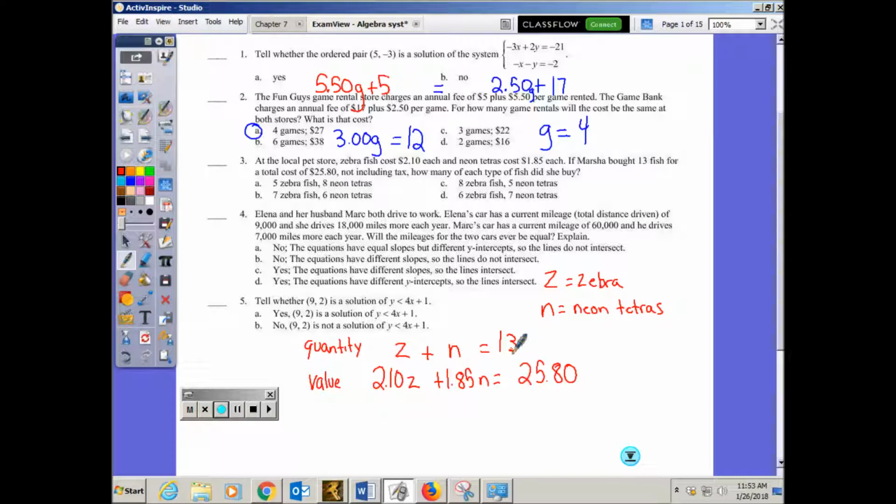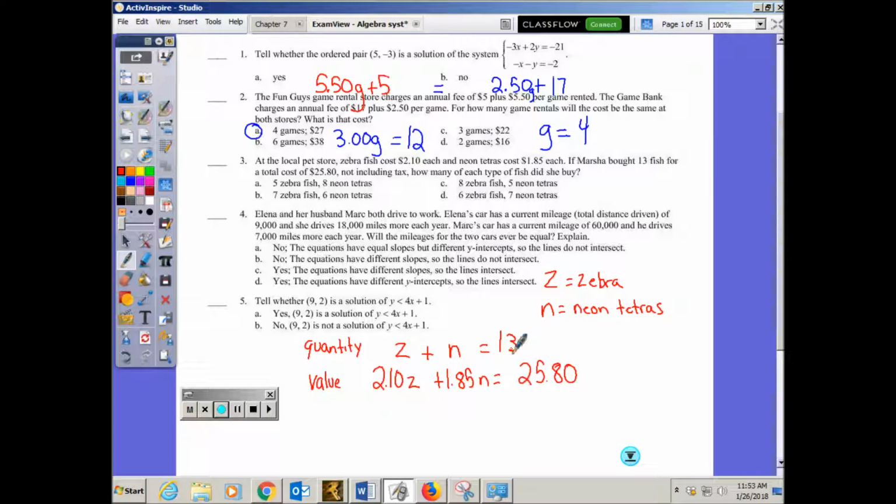In order to solve it with a system, I either need to use substitution, get one of these variables by itself, or I need to do multiplication and multiply everything by $2.10. Or there's option 3. Because really at the end of the day, I want you to just have a basic understanding of how math works. So anybody have an idea what option 3 is?